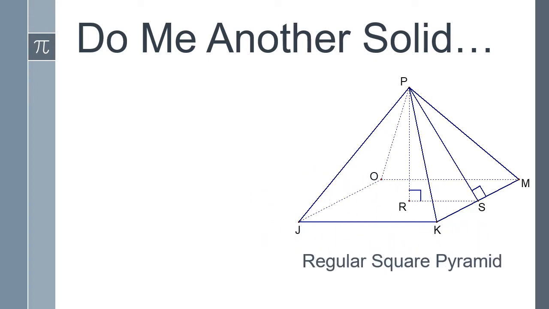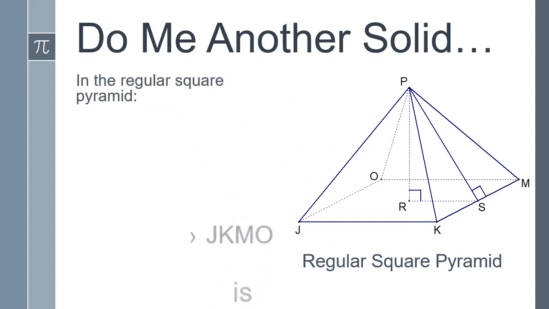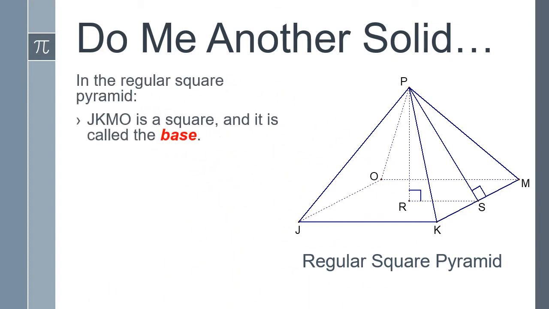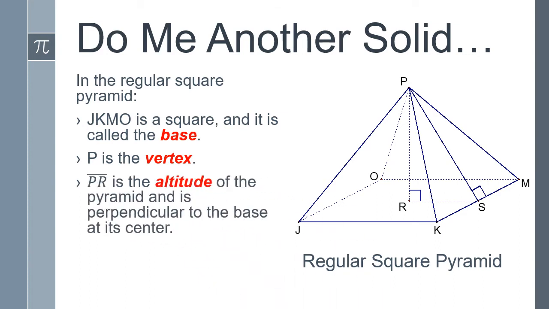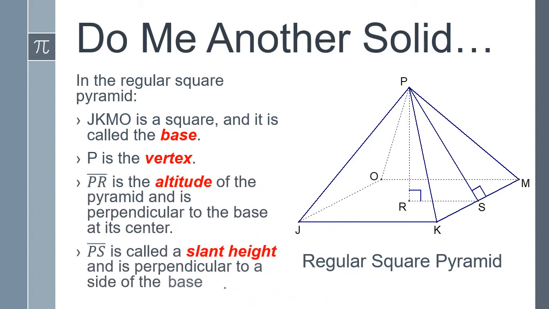Okay, this is called a regular square pyramid. In the regular square pyramid, the base, JKMO, is a square. Point P is the vertex. The difference between rectangular solids and pyramids is that in rectangular solids, the faces are rectangles.